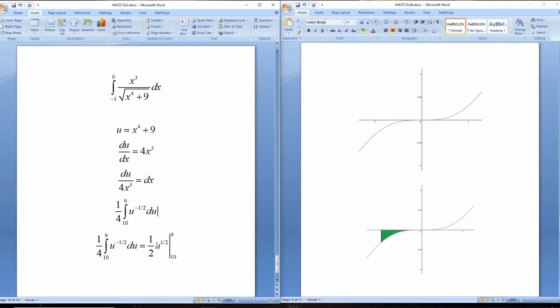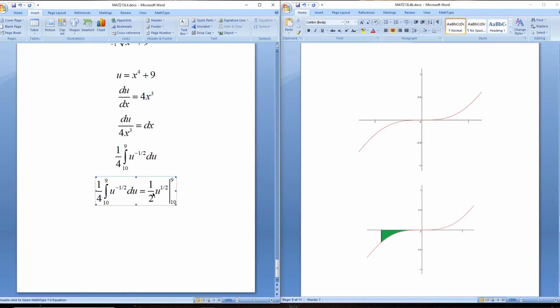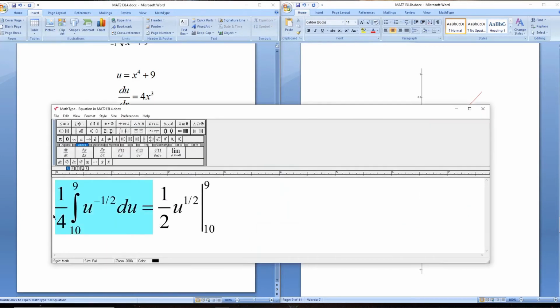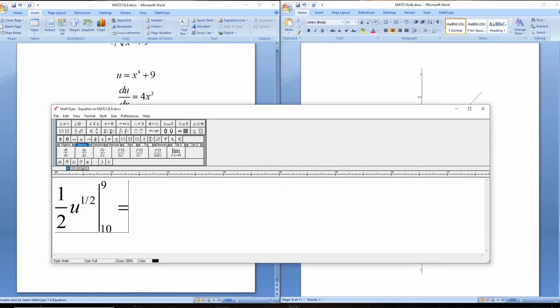So there's our step of getting the antiderivative. And then once we have the antiderivative, we'll go ahead and do the fundamental theorem of calculus. We take the function, plug in b, which in this case is 9. So we're going to plug in a 9 here.